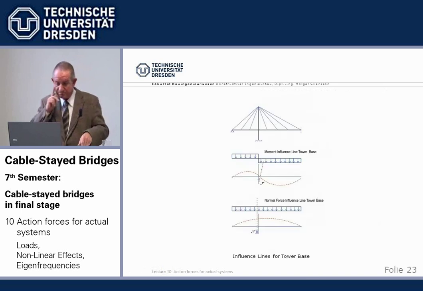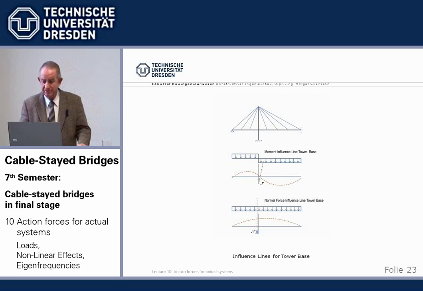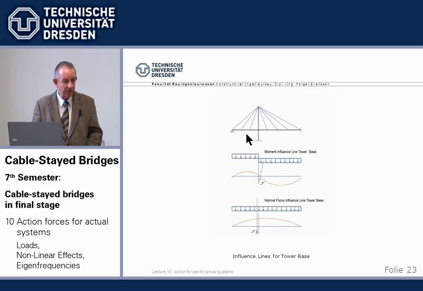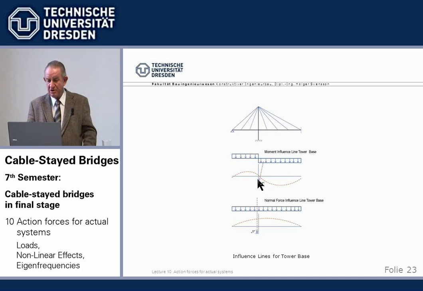For example, the footing of a tower, if we have the regular box tower with a certain width, the moment influence line looks like this. Mechanism, turn, you know all about that. Okay, so if I want to get the biggest plus moment, so to say, I have to load this span.